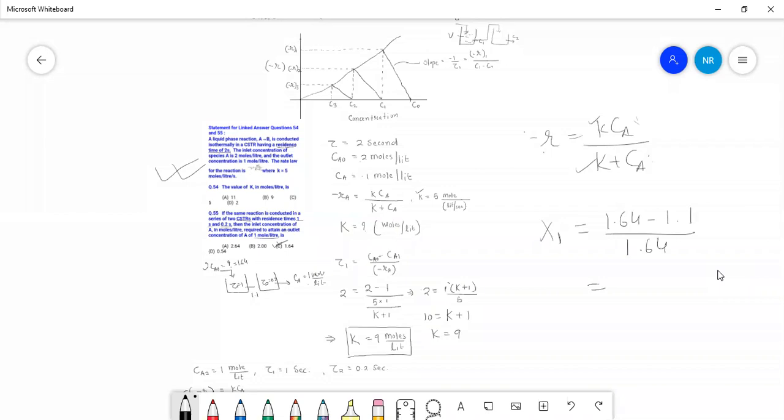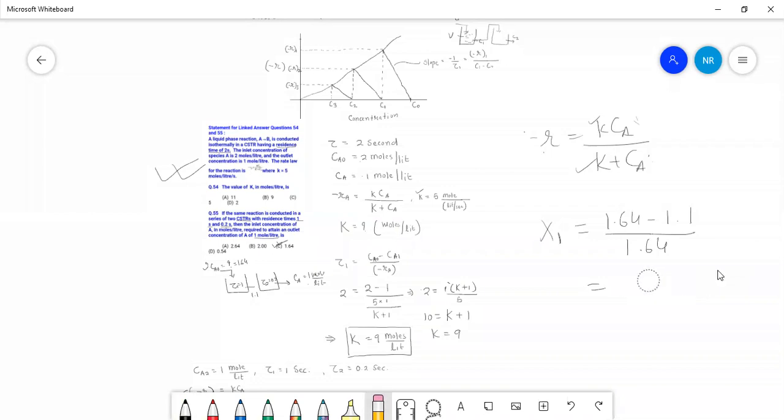So 1.64 minus 1.1 divided by 1.64. Sorry, 1.64 minus 1.1 is 0.54, divided by 1.64, which gives 32.92% conversion.